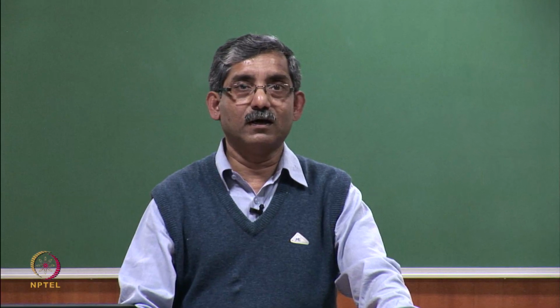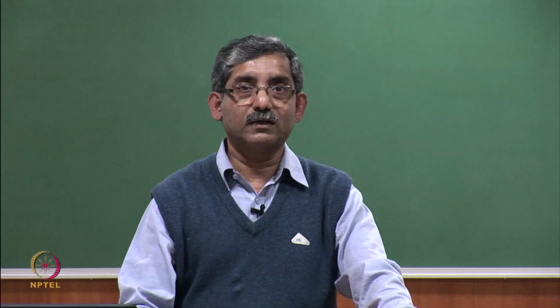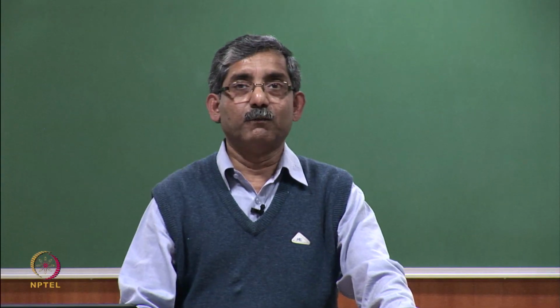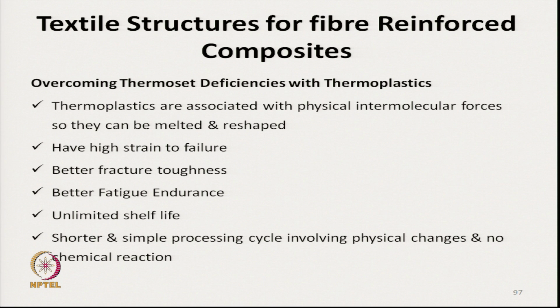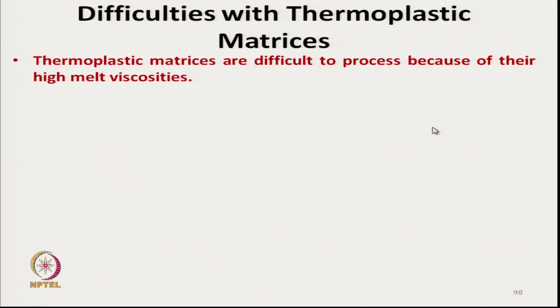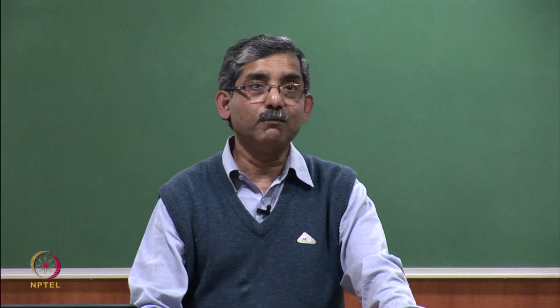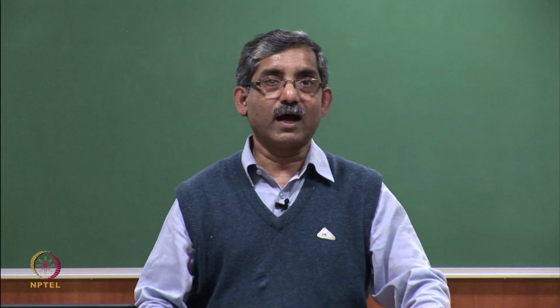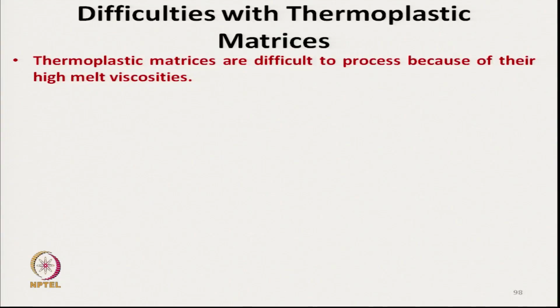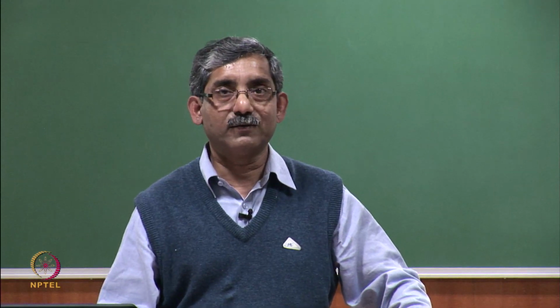All these positive features are the characteristics which make the thermoplastic matrix popular for modern composite manufacturing. But there are some difficulties. The main drawbacks are they are difficult to process because they have high melt viscosity. Due to this high melt viscosity, penetration within the structure is very difficult.